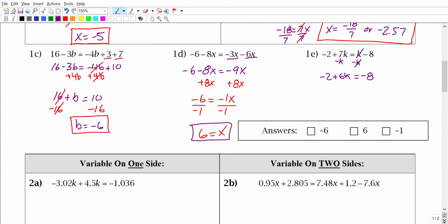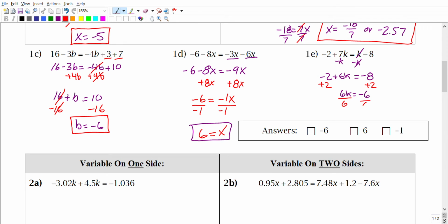I officially have the variable term on one side, so all I have to do now is use the laws of SADMAP, so I get rid of any addition and subtraction first. So I'm going to get rid of this 2 first. I get 6k equals negative 6.